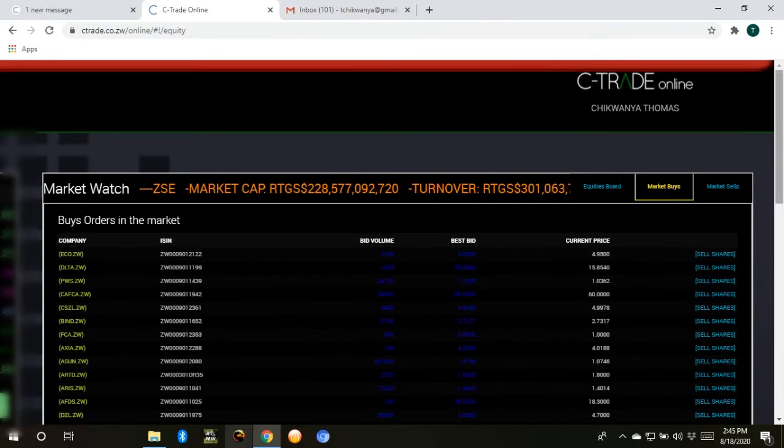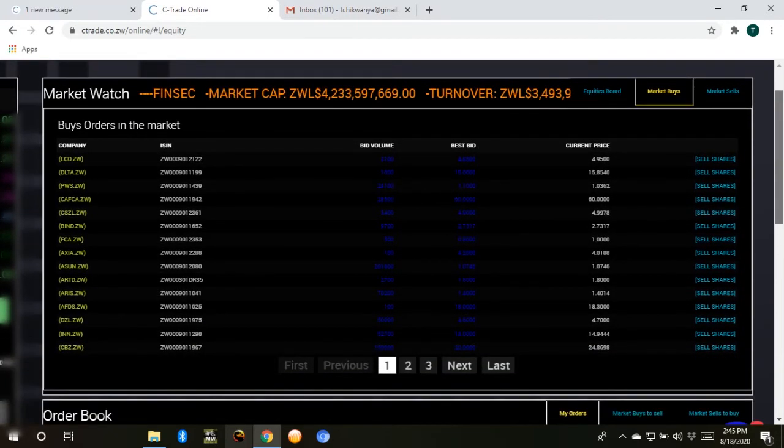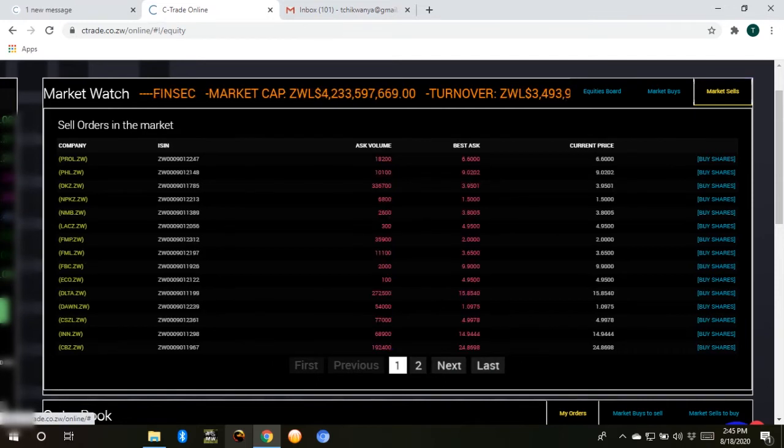For now, we want to buy shares, so we choose market sales, where we can see shares that are being sold. Once you see a company that you want to buy shares in, you click on buy shares.